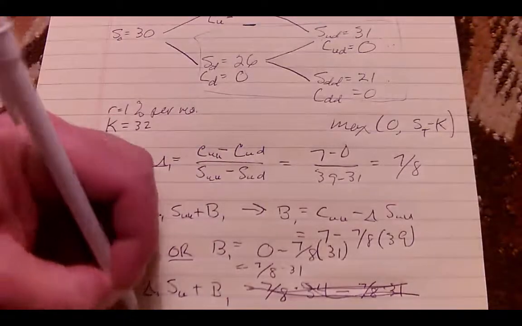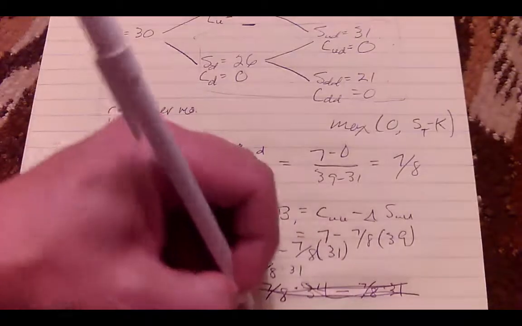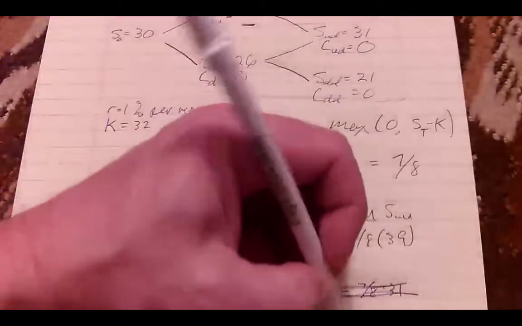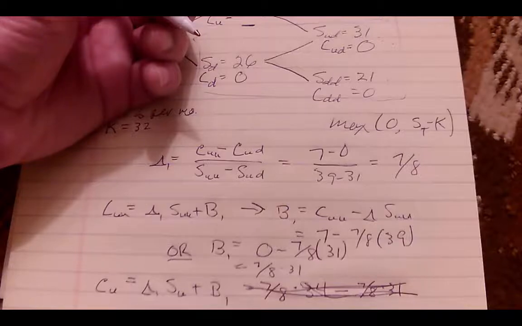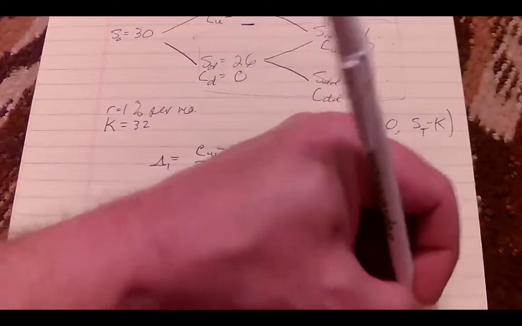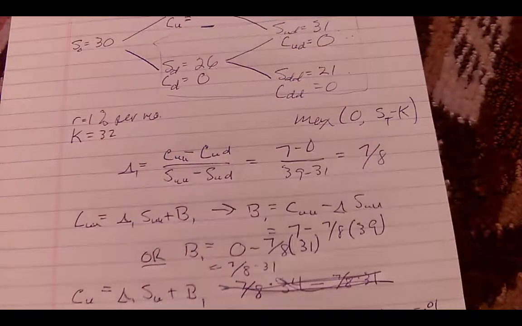It's delta 1 S up plus B1 e to the minus RT. So that's 7/8 times 34, minus 7/8 of 31, times e to the minus 0.01. R is 0.01 per month, so T is 1 month. Okay, so that's our call up.